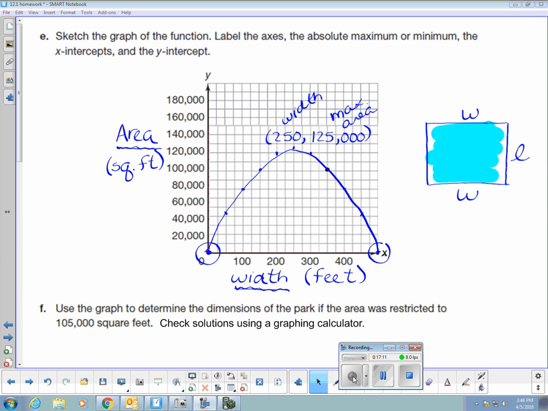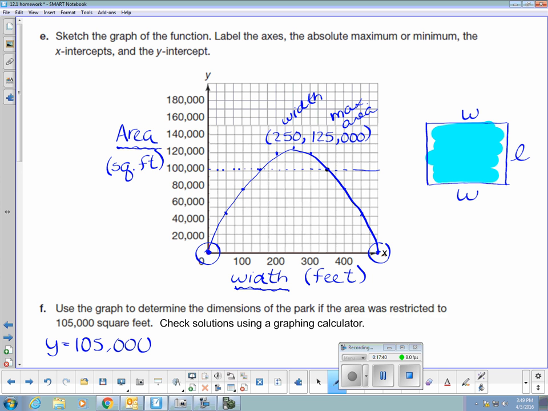To determine the dimensions of the park if I restricted my area to only 105,000 square feet, I need to go back to my graphing calculator. In my graphing calculator, I'm going to graph the equation y equals 105,000, which will give me a horizontal line about right here.